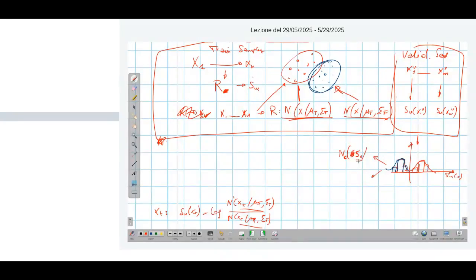So here the input is a score, and these are unidimensional. So let's call the parameters M and V, because these are one-dimensional values that are the mean and the variance of the two Gaussians.